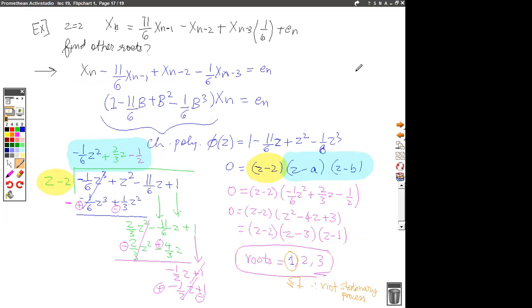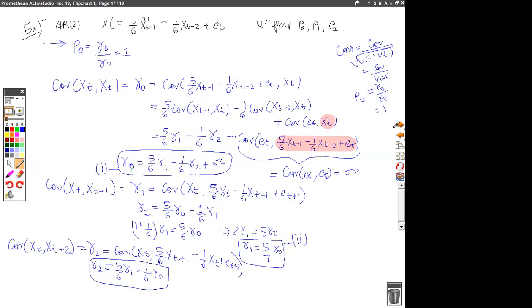The next step we did was figure out how to claim if a model is stationary or not. Then we looked at another problem where we figured out how to calculate the autocorrelation. To calculate autocorrelation, we will require the autocovariance.